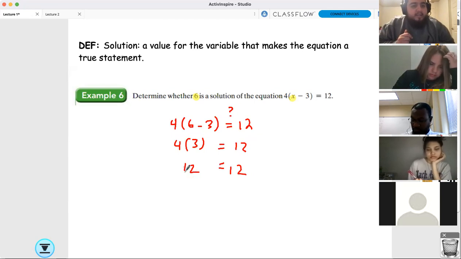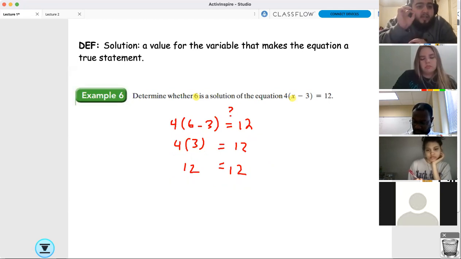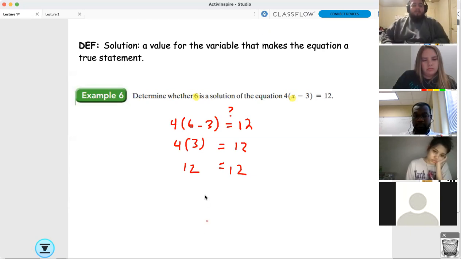Question, class. This right here is a mathematical statement. Does 12 equal 12? True or false? When you read that statement aloud, 12 equals 12. Is that true to you? Yes, it is. That is a true statement. So therefore, is 6 a solution?